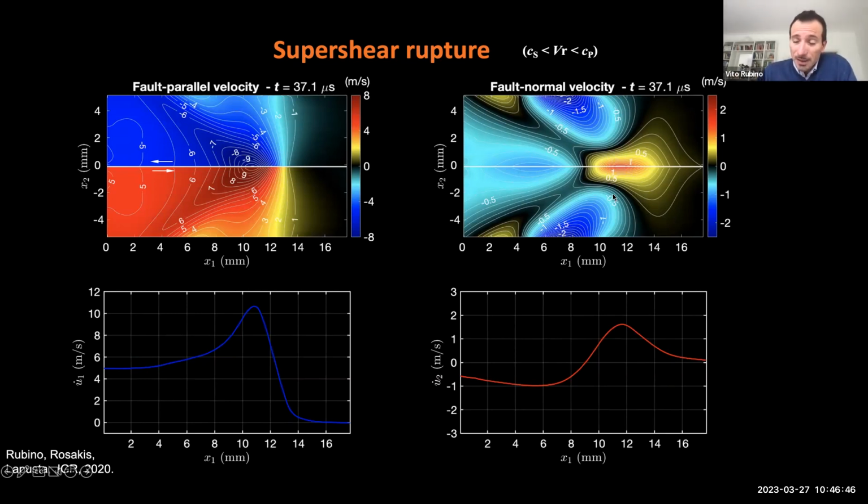Now, the fault normal velocity also has some interesting features, but it is less pronounced compared to the fault parallel velocity, and compared to the sub-Rayleigh case.